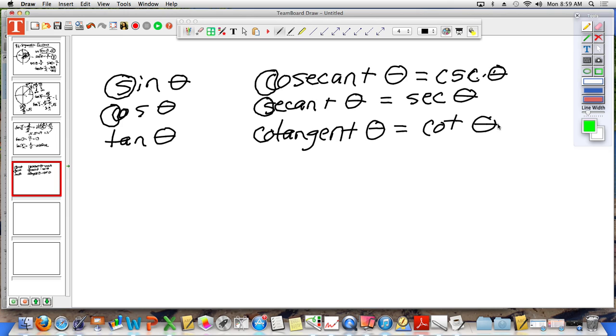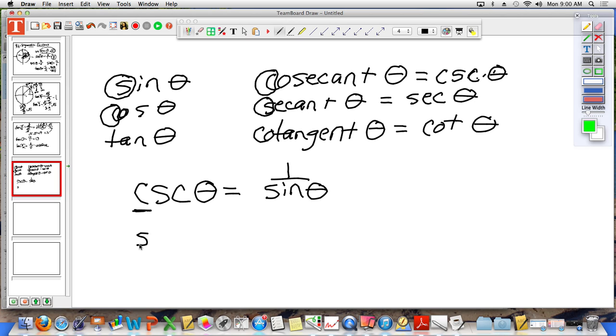Now, what are these things? Well, it just so happens that the cosecant, CSC of theta, is the reciprocal of sine. That's why I have them written right next to each other. So this is what I remember: cosecant, because it starts with a C, is the reciprocal of the trig function that starts with an S. So cosecant is the same thing as 1 over the sine of theta.